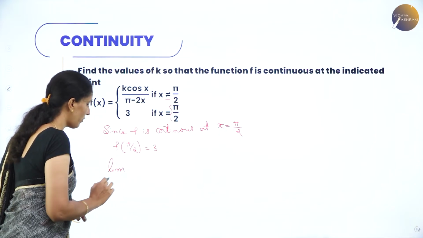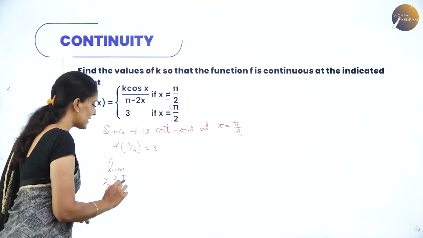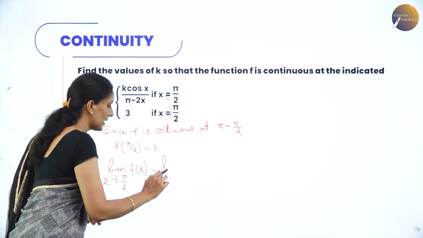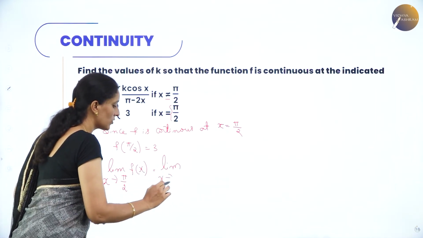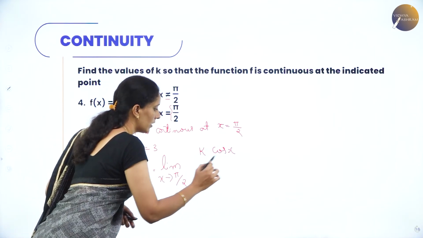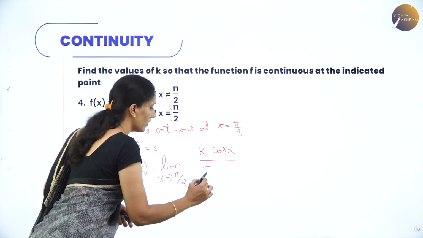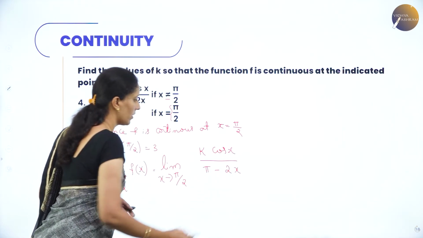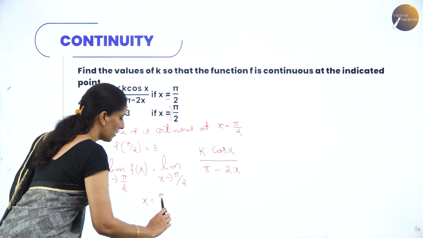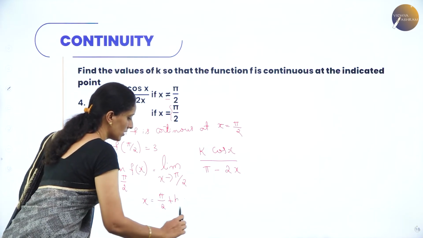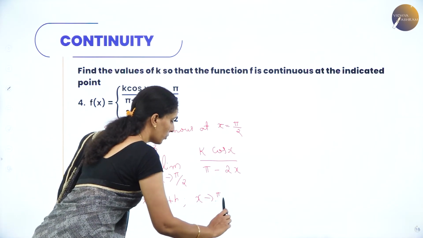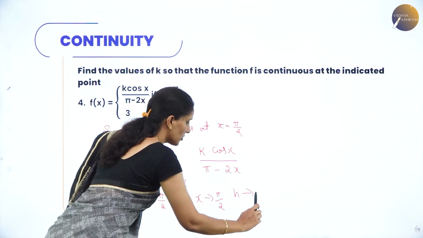So the limit of the function as x tends to pi by 2, f of x, can be taken as the limit as x tends to pi by 2 of k cos x divided by pi minus 2x. Here let me take x is equal to pi by 2 plus h. So the limit changes: as x tends to pi by 2, h tends to 0.